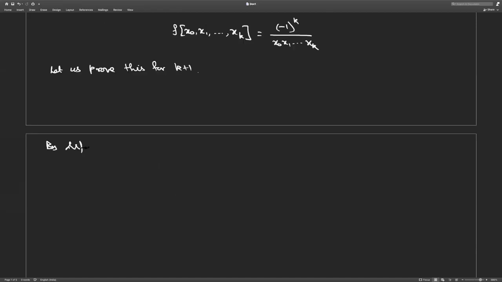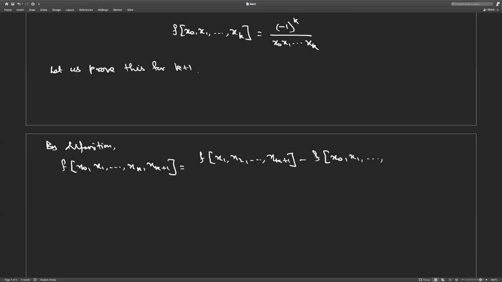By definition, we have f of x0 x1 up to xk comma xk plus 1 is equal to f of x1 x2 up to xk plus 1 minus f of x0 x1 up to xk divided by xk plus 1 minus x0, right?